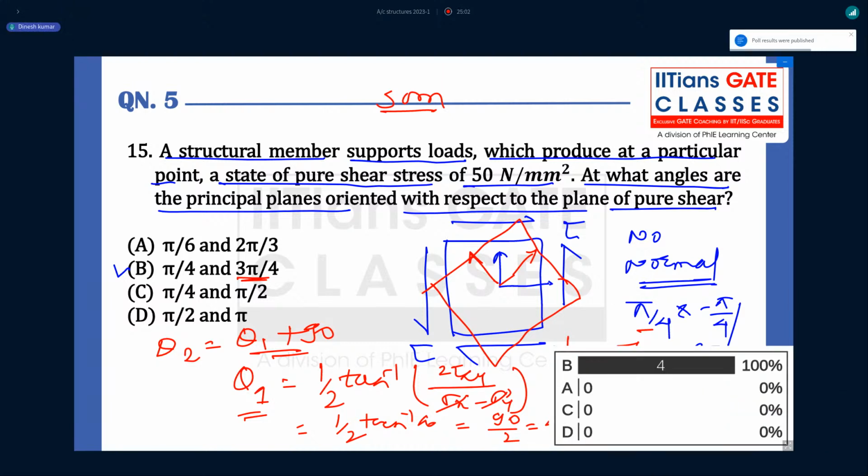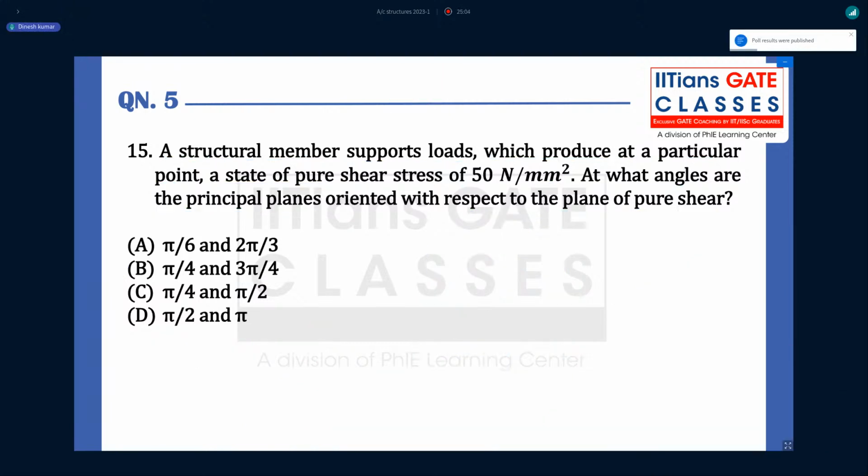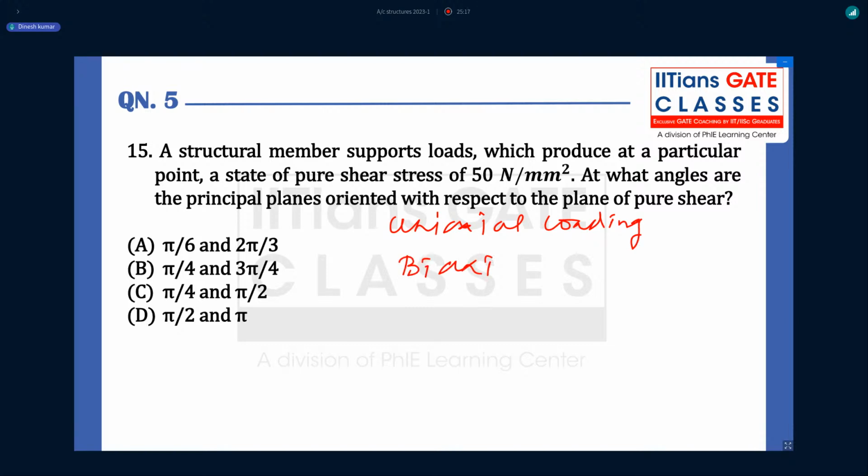Now, guys, in exam they asked this pure shear case. But guys, you must start with uniaxial loading, then you can learn biaxial loading also. And then the third case is pure shear. Now, what is uniaxial loading?